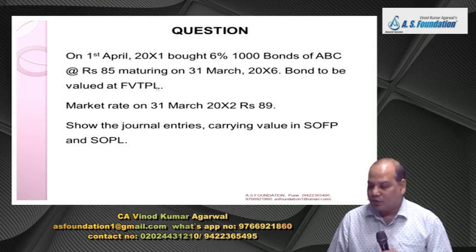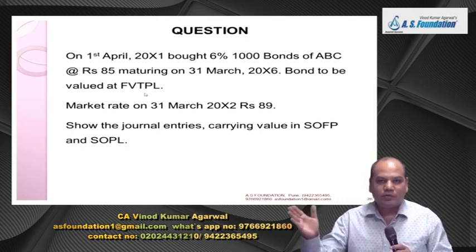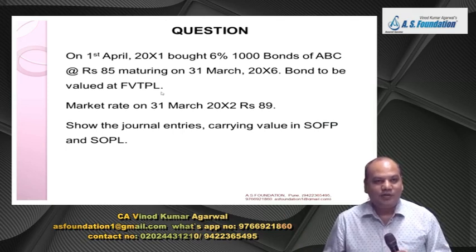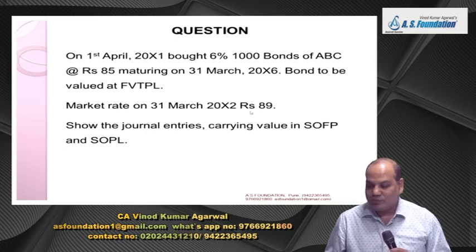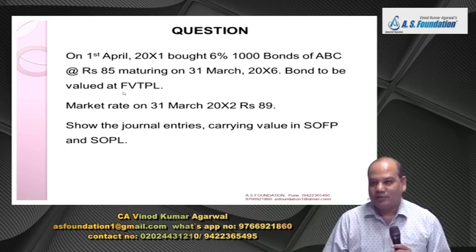So now they have given you instruction. So do not apply your own intelligence and try to find out what is the classification. Respect the question setter. FVTPL. Market rate on 31st March 2002 is 89. So if it is FVTPL, my main objective is to make profit by trading, by selling. Is it right?